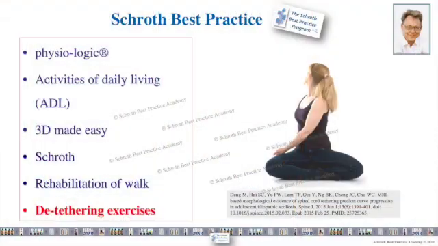Since the latter effect has been found to be short-lived, we have developed a special exercise program to promote spinal cord mobility, largely derived from an advanced Qigong protocol. This treatment module today is part of the Schroth Best Practice program.